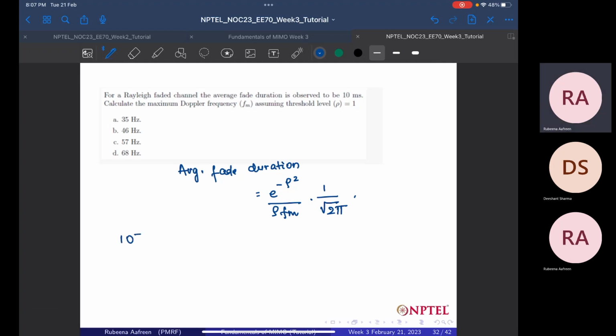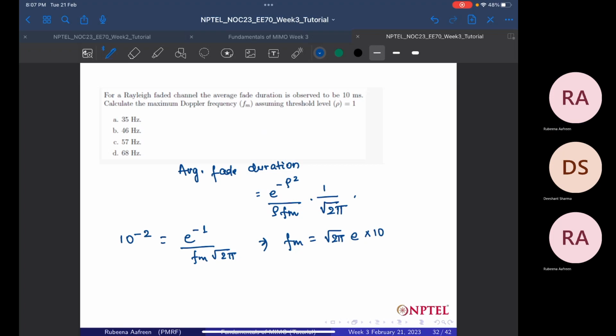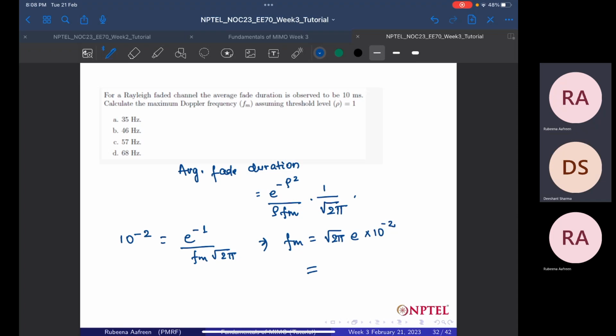So we have 10 to the power minus 2 equals e to the power minus 1 upon fm square root of 2 pi. Can you calculate? This is 1 by fm, I guess.